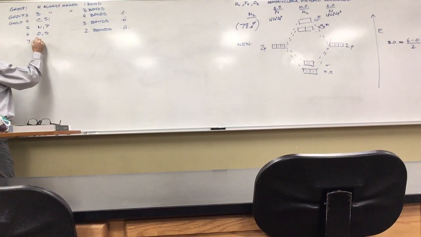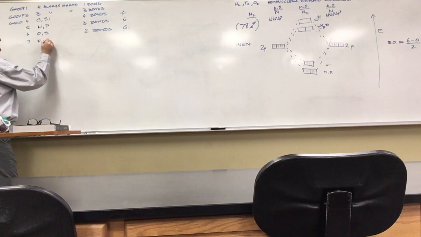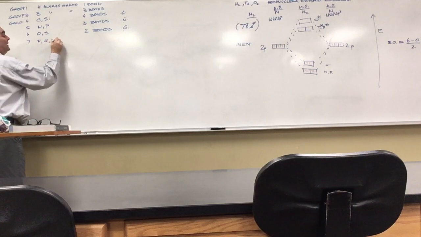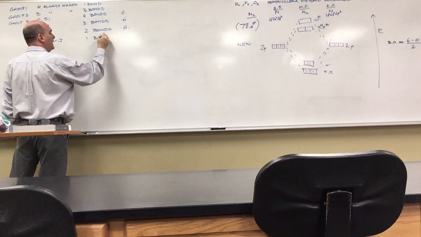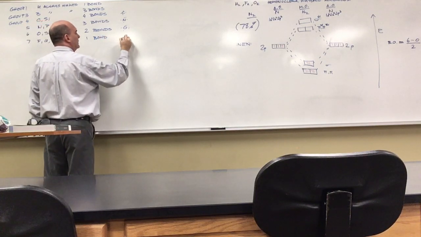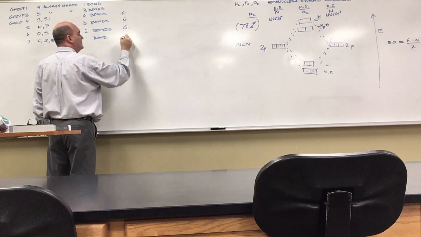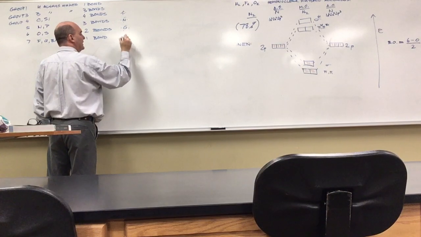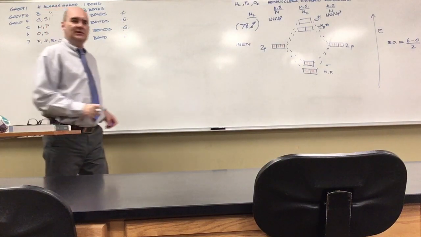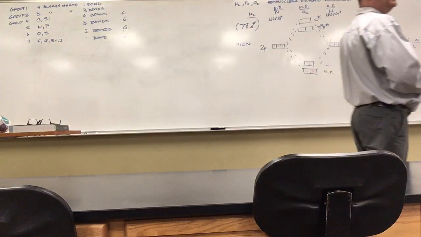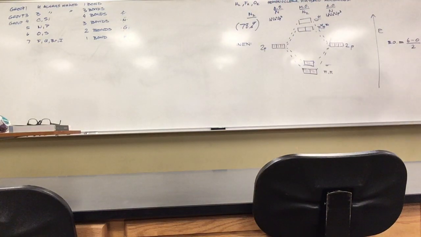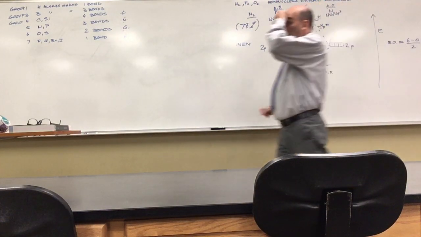Group 7, things like fluorine and chlorine and bromine and iodine, can only ever make 1 bond. Because 1, 2, 3, 4, 5, 6, 7. 6 of those electrons are in non-bonding pairs. That only leaves 1 bonding electron left. All right.